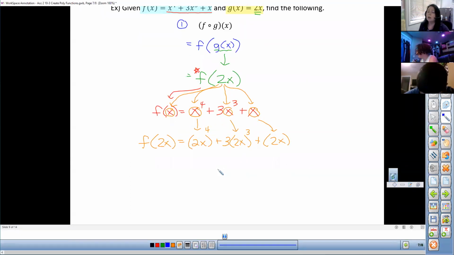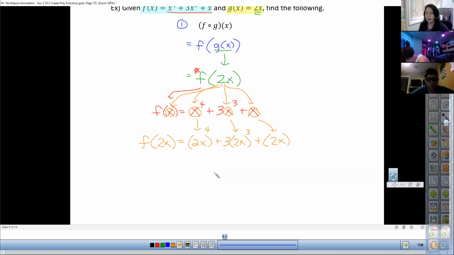Now it becomes a problem where I have to use my algebra skills to simplify, which means remove parentheses, combine like terms, put into standard form, all that kind of stuff. So please remember, and this is again why the parentheses are so important, that when we have a product like 2x that's raised to an exponent, the exponent property that we're using is called the power of a product.